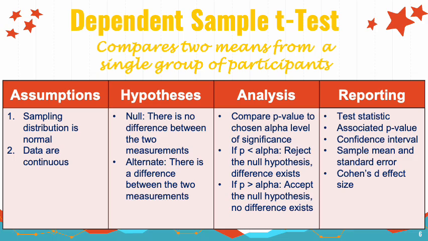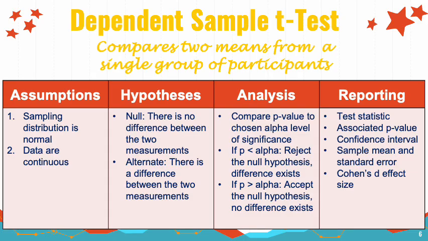For a dependent sample t-test, the null hypothesis would generally look like a statement saying there is no difference between the two measurements. The alternate hypothesis would generally look like a statement saying there is a difference between the two measurements. As with all tests of analysis, you will use software such as Microsoft Excel or IBM SPSS to compute the test statistic and associated p-value.